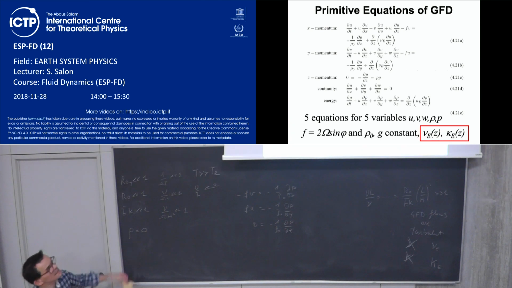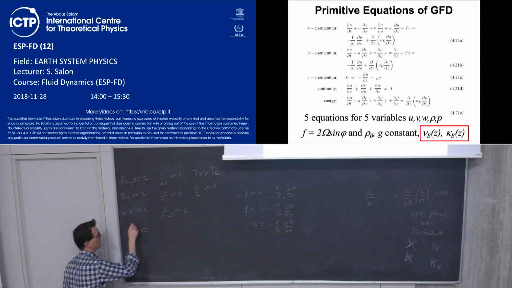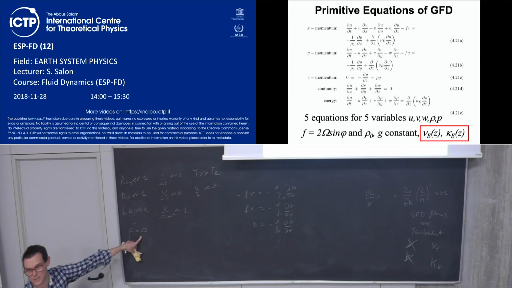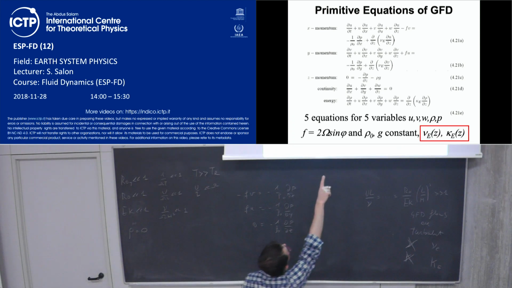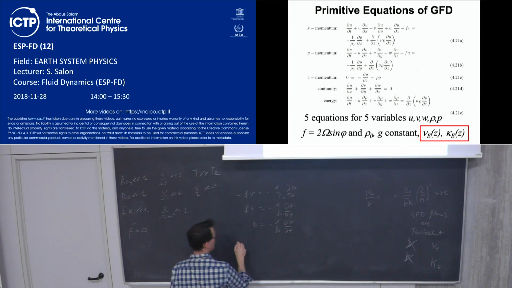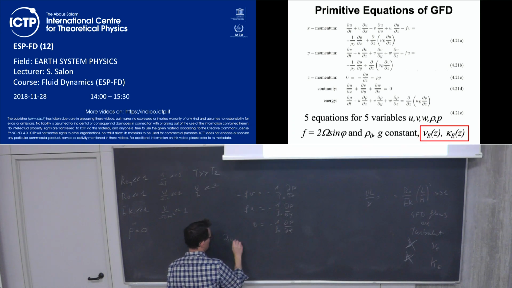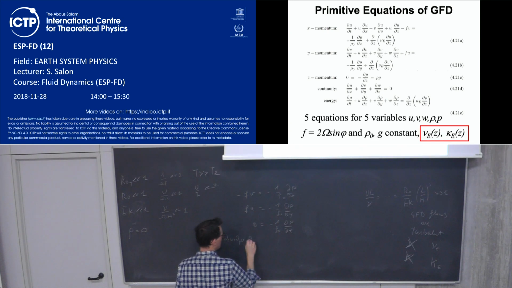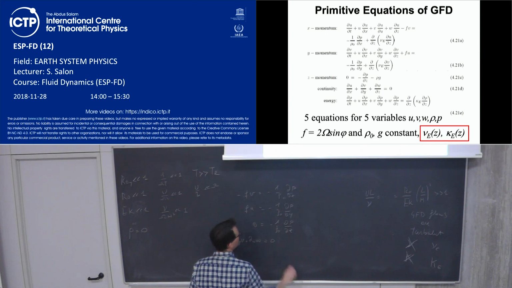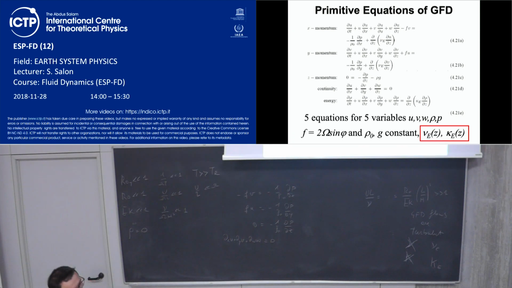It means that I don't want to have any kind of buoyancy effect. So rho, which is the perturbation, remember that we have a prime here, is equal to 0. So the buoyancy term rho g can be neglected. Then we have the continuity equation, and the energy equation is 0 because rho is equal to 0. So energy is conserved.